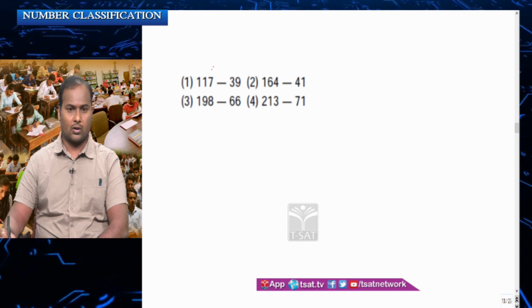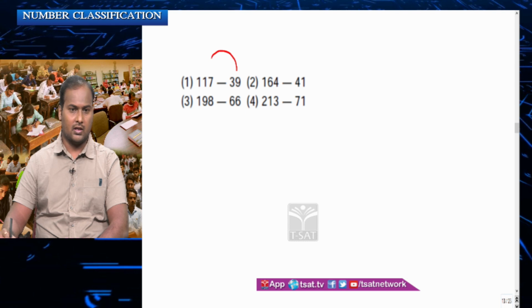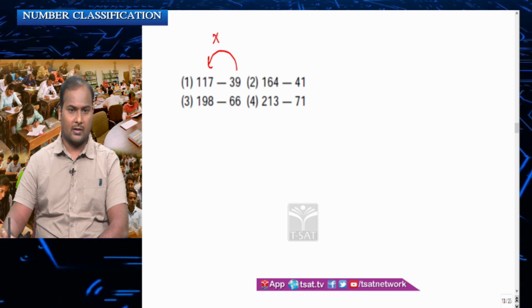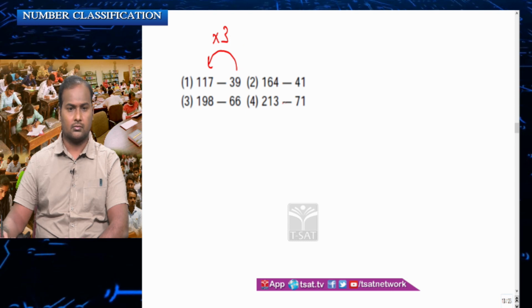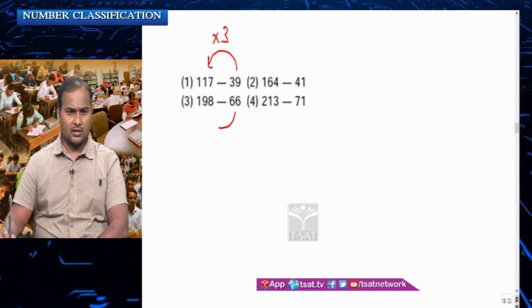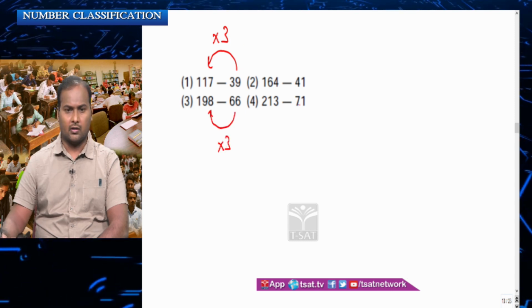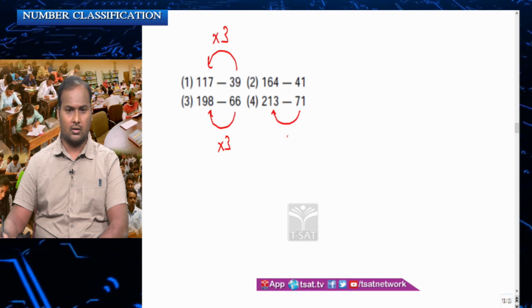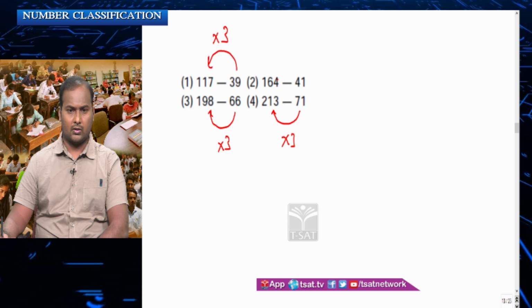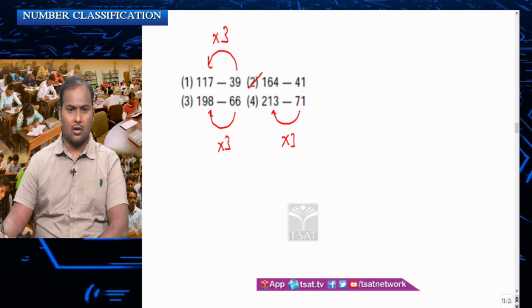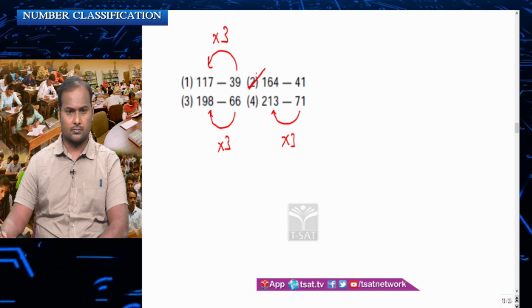For example, 39 and 117, it is multiplied by 3 times. So it is just a multiplication here. In the same way, 66 3 times 198. In the same way, 71 multiplied by 3 times, you will get 213. So 41 3 times is 123. So option 2 is the answer.